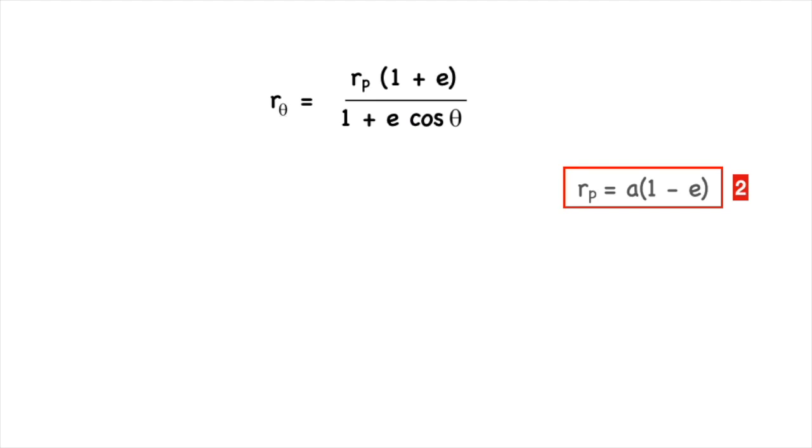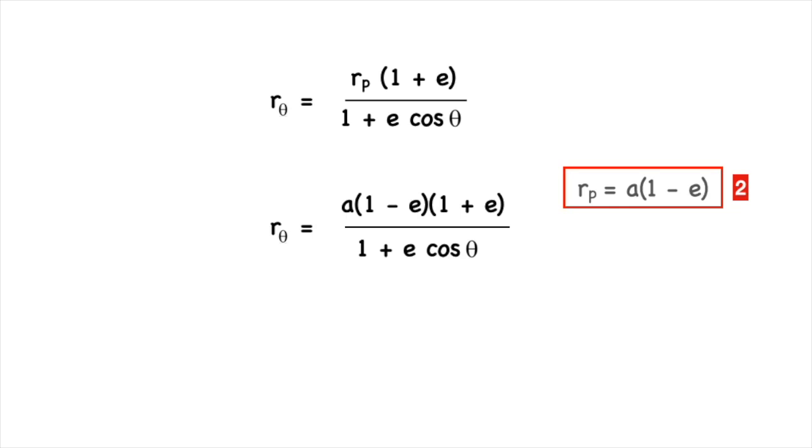When we go back and substitute for r sub p in our general equation for an ellipse, we get this expression, which we can simplify so that we see that r sub theta equals a times the quantity 1 minus e squared, all divided by 1 plus e times cosine theta.